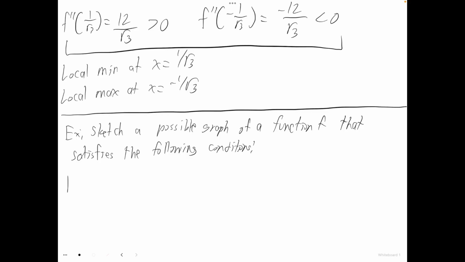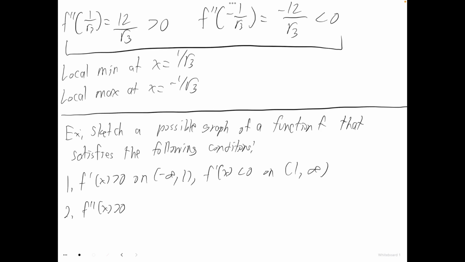So condition 1, the first derivative is greater than 0 on negative infinity to 1, and the first derivative is less than 0 on 1 to infinity. Second, the second derivative is greater than 0 on negative infinity to negative 2, union 2 to infinity, and the second derivative of x is less than 0 on negative 2 to 2.